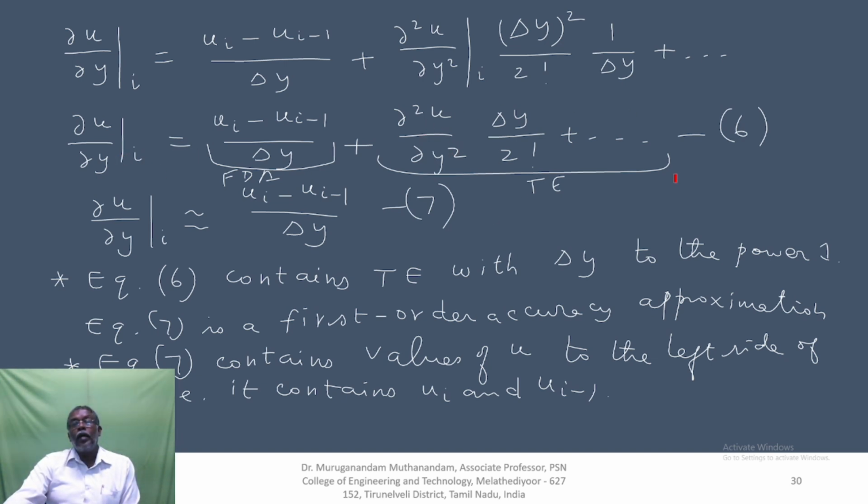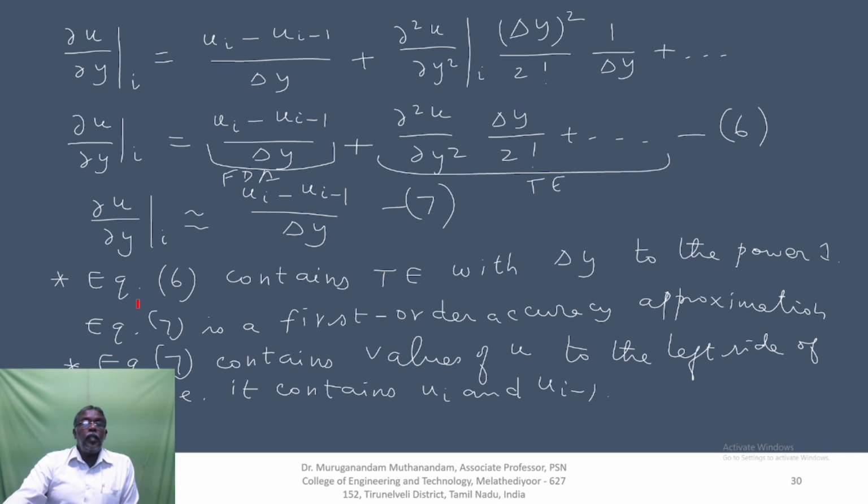When we neglect any number of terms on this exact equation, we obtain an inexact quantity, which is an approximate quantity. Partial u upon partial y is now an inexact approximate quantity, which is (u_i minus u_{i-1}) by delta y, which is given as equation 7.